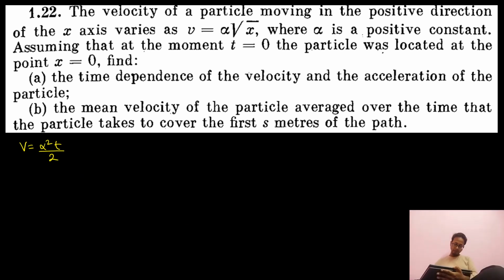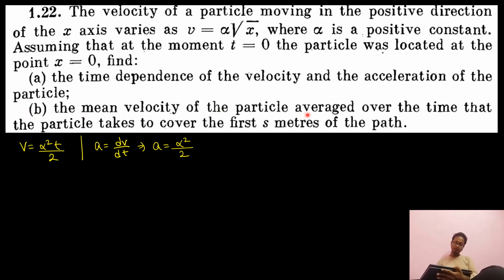After we found out the value of v, now we need to find out the value of acceleration. We know that acceleration is equals to dv by dt, or a is equals to alpha square by 2. Now let's move to the third part of the question.